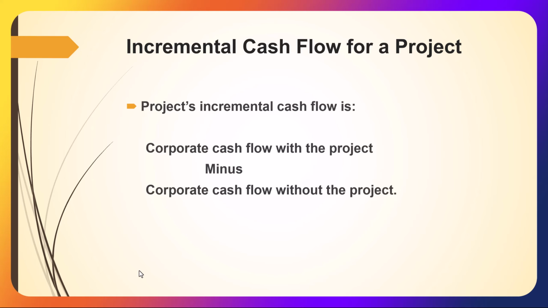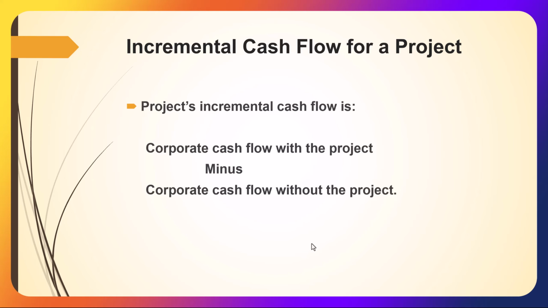What this does is it means that we can ignore corporate-wide averages and isolate the project's specific impact. For instance, if Amazon is evaluating a new data center, we only account for the cash flows directly attributable to that center, not to the entire company.